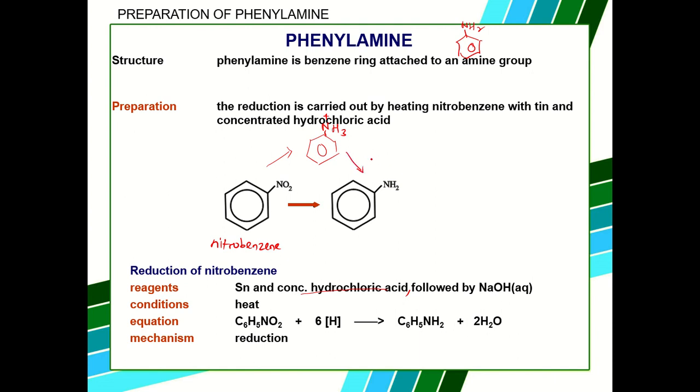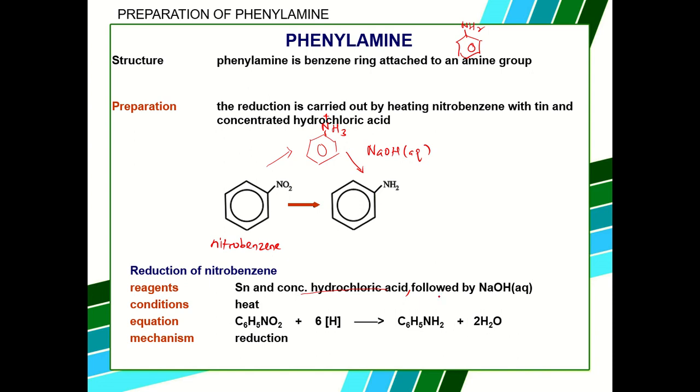So what you can do is follow by addition of sodium hydroxide solution to neutralize this part, to accept the extra proton from the solution. Once no more extra hydrogen ion is in the solution, this ammonium ion will be turned back into phenylamine.